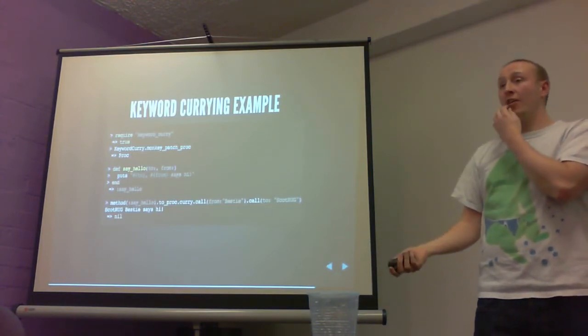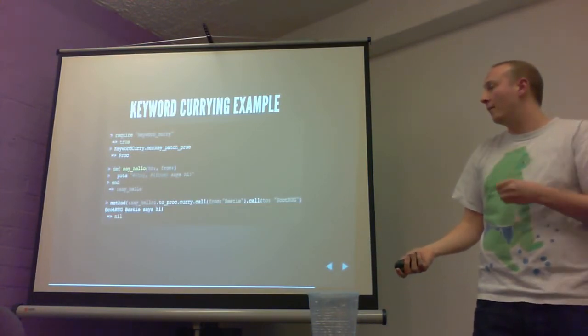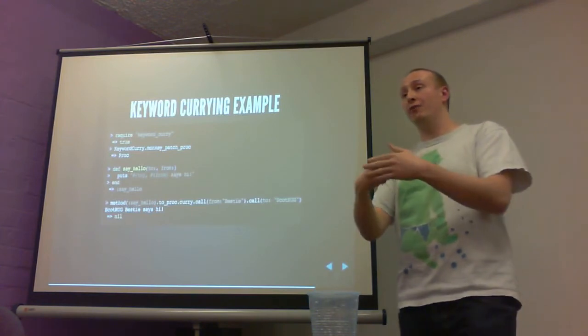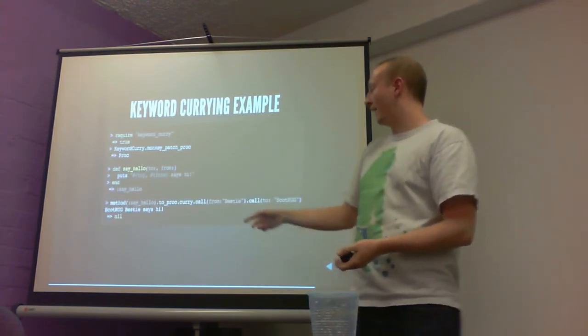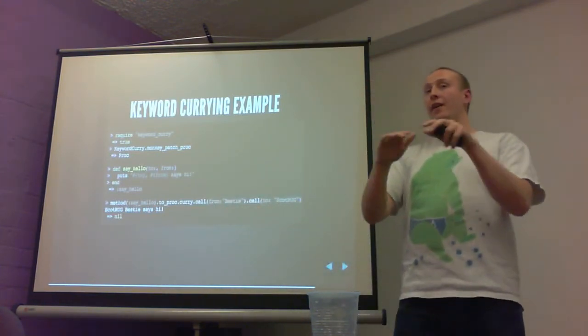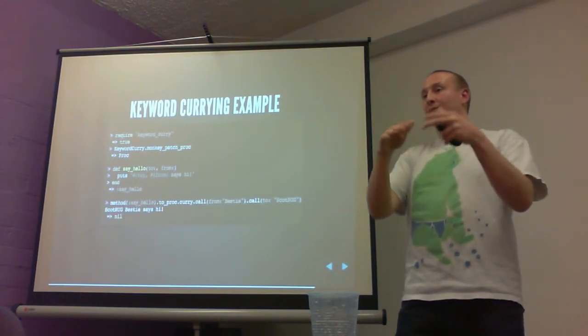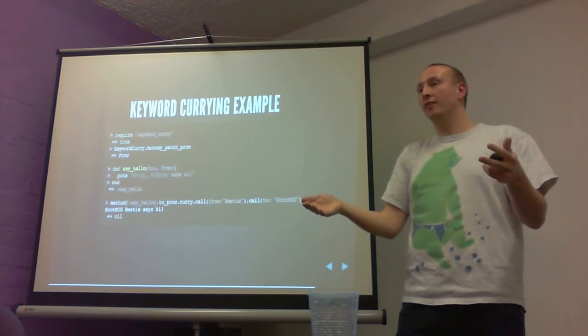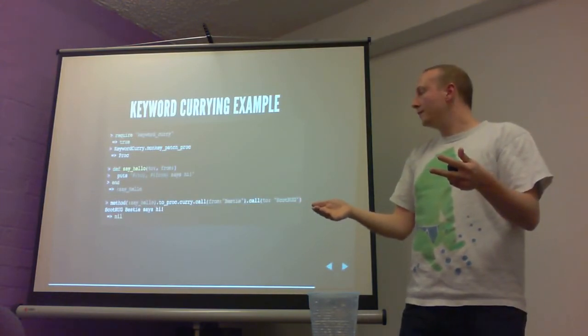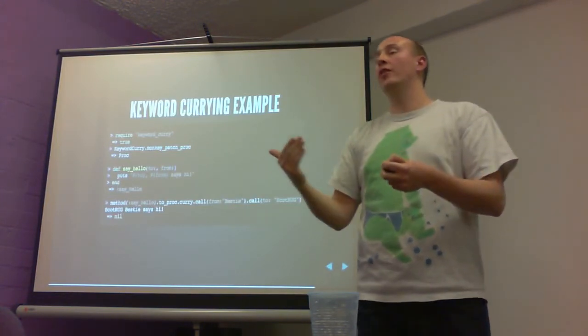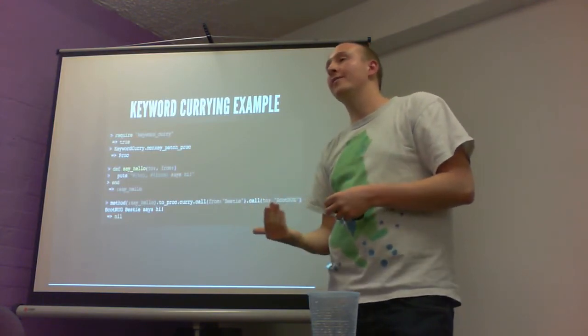Curry returns a proc, which is an abstraction on top of the real proc. So forget about the method to proc. Even if you just define a proc which responds to curry, it will give you a wrapped proc. And then when you call that proc, all it's doing is collecting arguments.